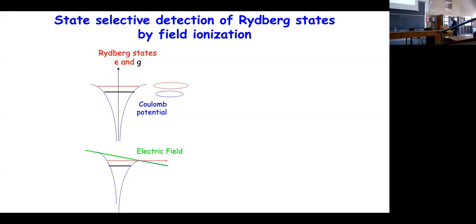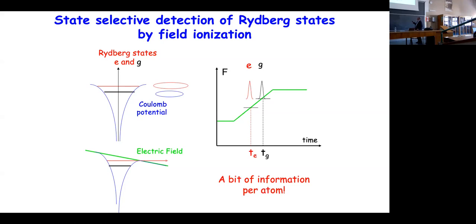So what we do, the method that we use in our experiments, is to apply, when we want to detect, a ramp of electric field, which increases in time with a given slope. So at one time, you will reach the ionization level for the excited state, and then later in the ramp, the ionization for the lower state.